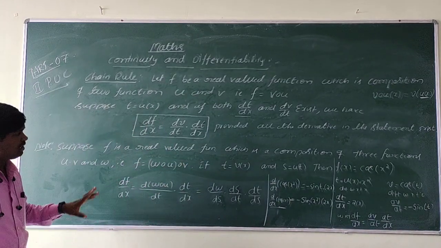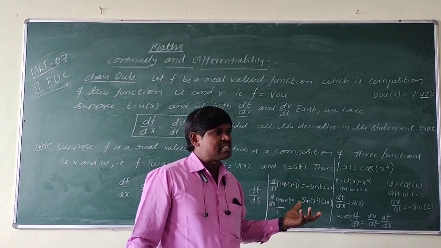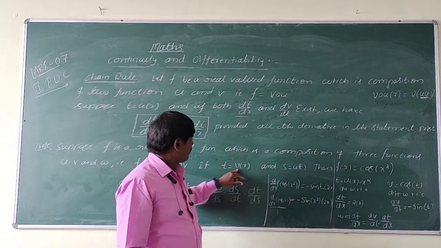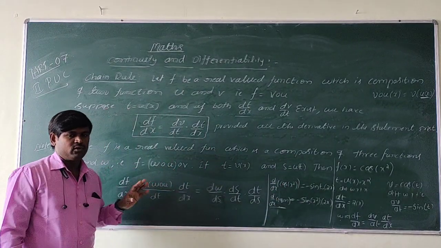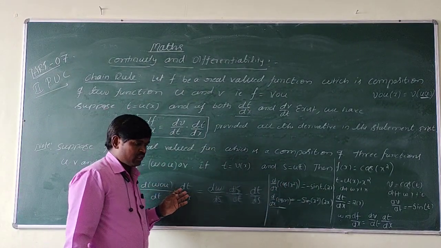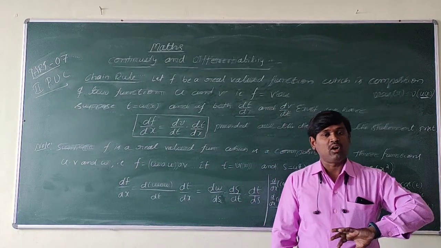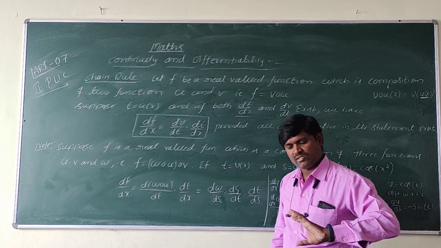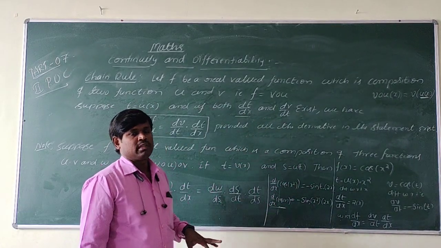Actually, it is somewhat difficult to take the functions u of x and u of t, which are somewhat different. Therefore we are going to solve the problems using an alternative method. This is also the same, but the method is different. That is also a chain rule.